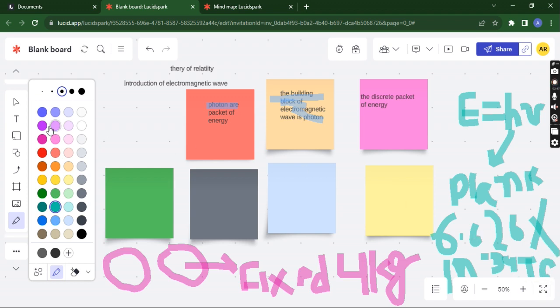This unit is the same as the unit and dimension of angular momentum. This is an MCQ point: the unit and dimension is the same.